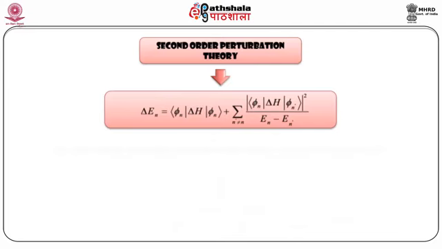Now substituting delta H from the previous slide into this equation of delta E_n, we retain terms up to quadratic in the magnetic field. This gives us the following lengthy expression, but of course this is one of the simplest results one can expect for the change in delta E_n, because we are truncating the huge number of terms generated by using second order perturbation theory.